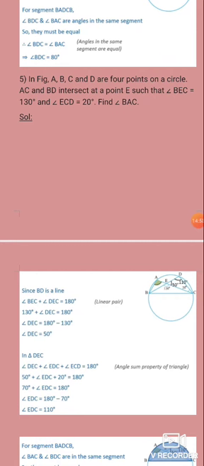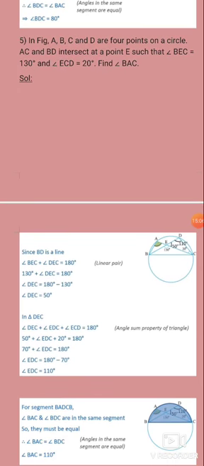Angle BEC plus angle DEC is equal to 180. So angle BEC 130 plus angle DEC is 180 degrees. So angle DEC is equal to 180 minus 130, which is equal to 50 degrees. Now in triangle DEC, angle DEC plus angle EDC plus angle ECD is equal to 180 degrees.